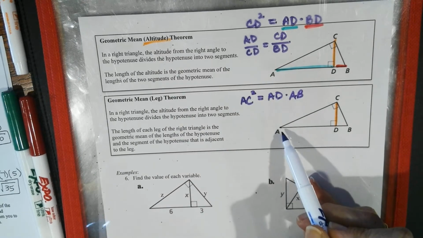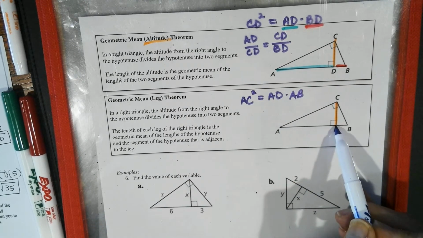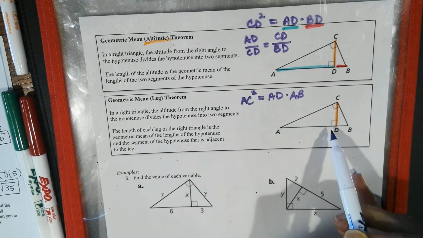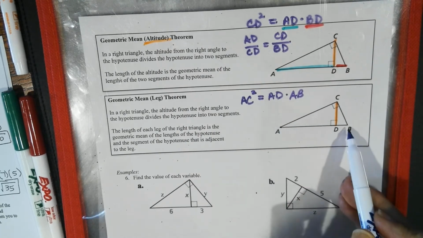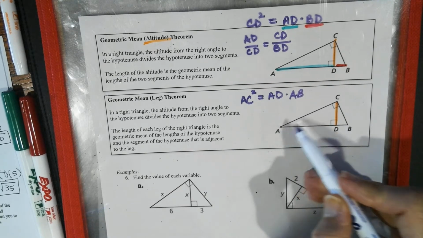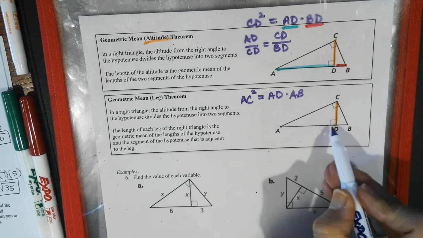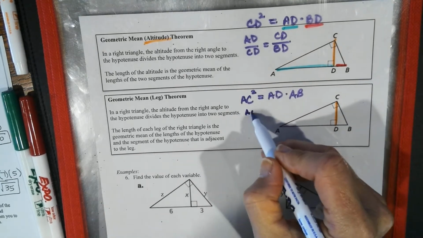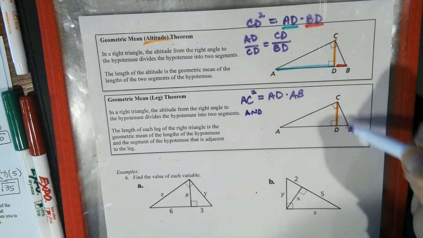That is the geometric mean of AD times AB. So from here to here, that's your small leg on ABC, but then AB is your hypotenuse. So AC squared is equal to that segment and the hypotenuse. Also, the other leg, which is going to be BC.